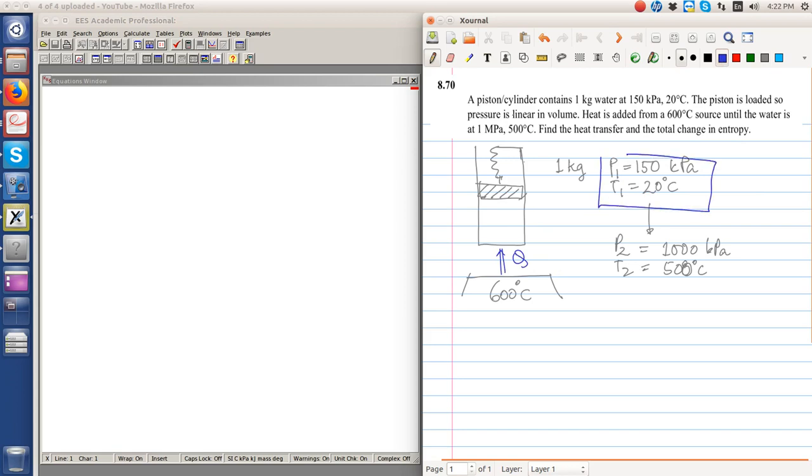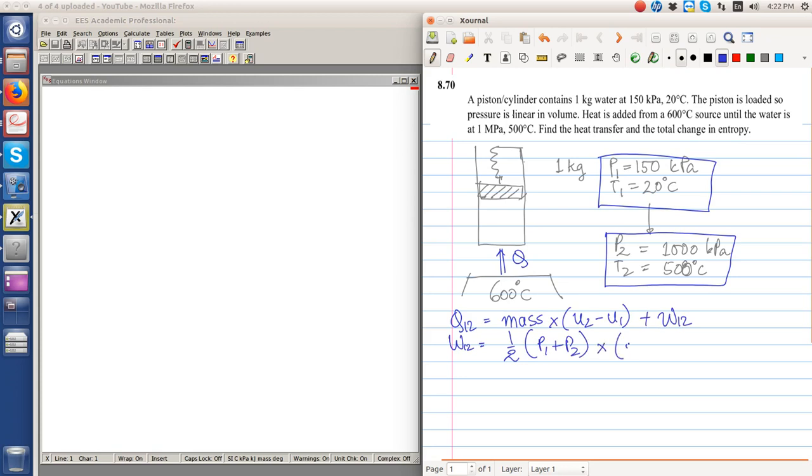So the heat transfer during this process, Q12 is equal to mass multiplied by U2 minus U1, these are the specific quantities, plus W12, where for a linear system W12 is equal to half of P1 plus P2 multiplied by V2 minus V1 multiplied by the mass, because these are specific quantities and we have to multiply by the mass.